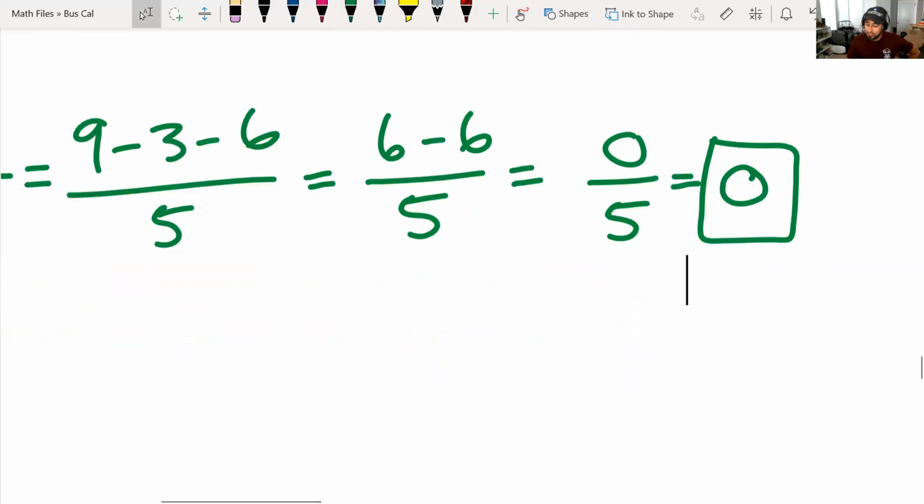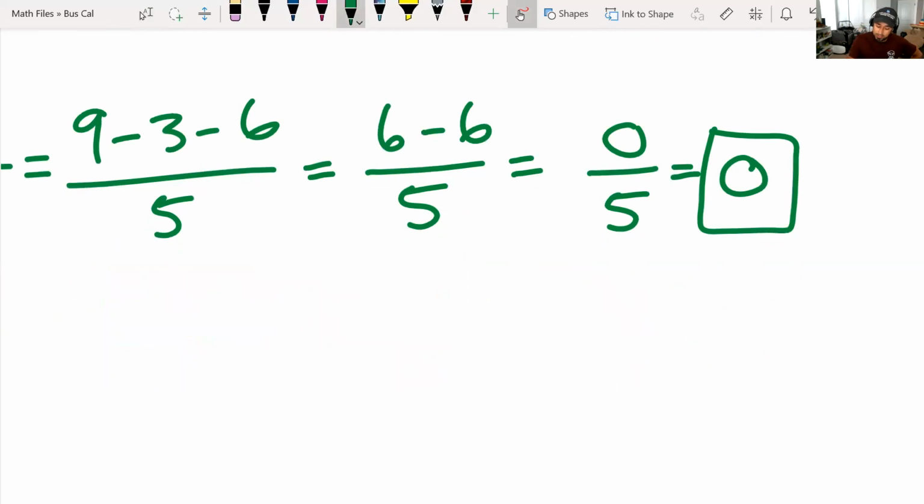Now, let's say on the chance that you get 5 over 0. Once again, can you have 0 in your denominator? That answer is no. But this has another form. This is an indeterminate. Indeterminate is known as 0 over 0.